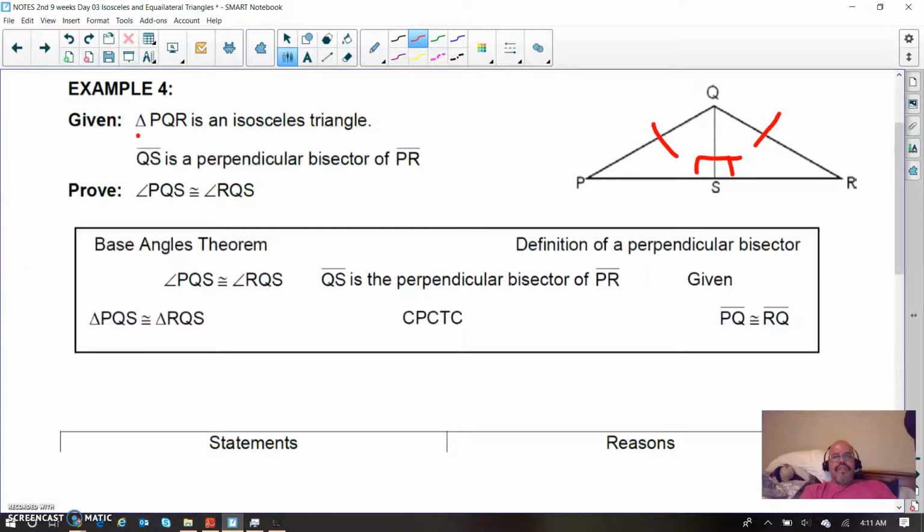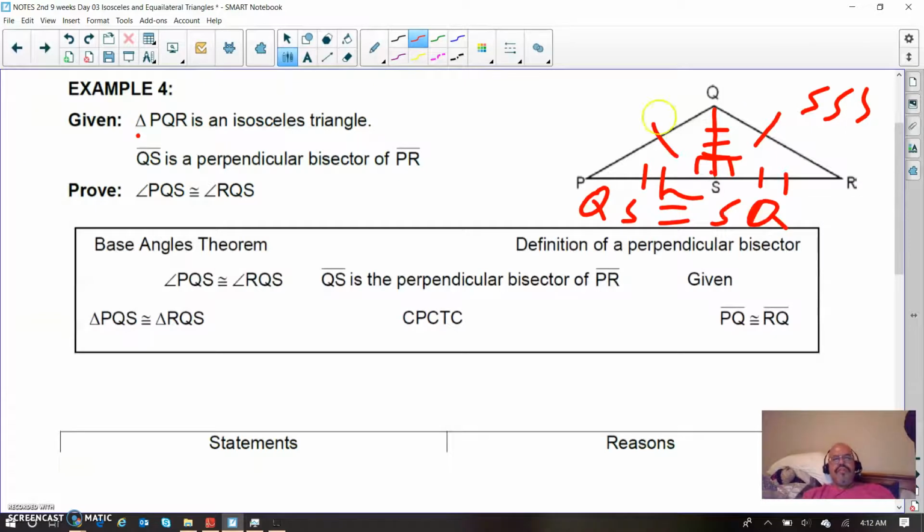Number two, this side and this side must be congruent because of the perpendicular bisector, because S becomes the midpoint. Also, QS, which is this side right here, is congruent to SQ, which means basically that it's the line that's equal to itself. So this side right here is also congruent. So we can use SSS congruency in this particular example.